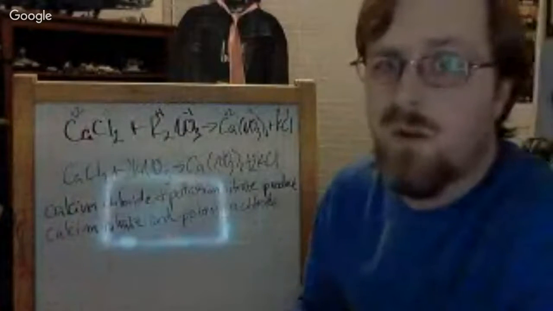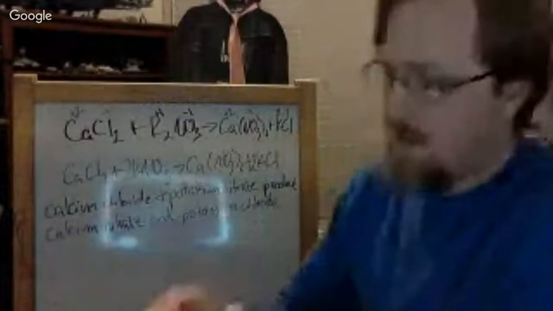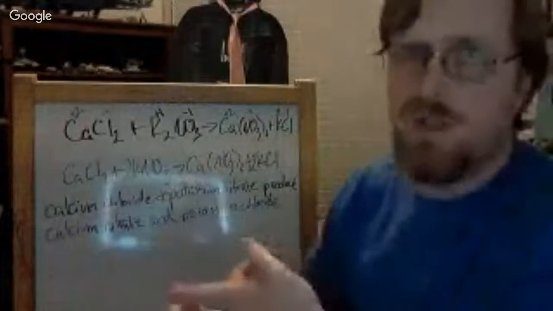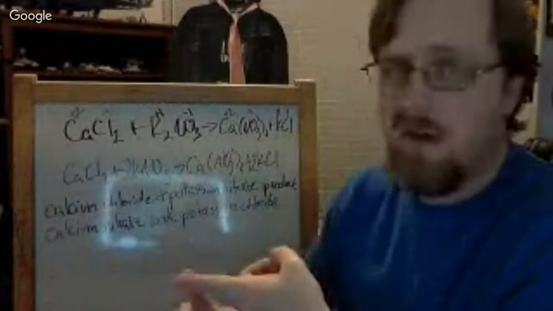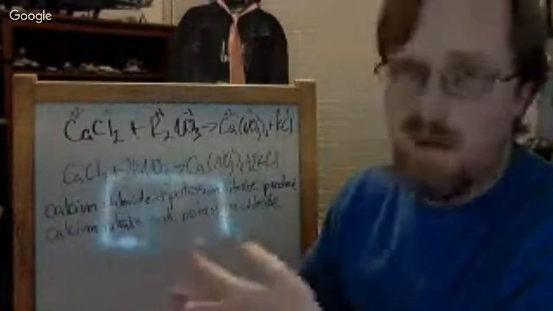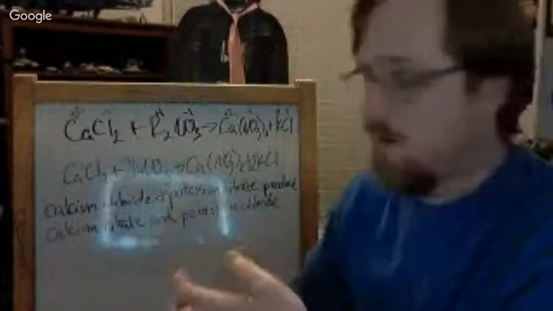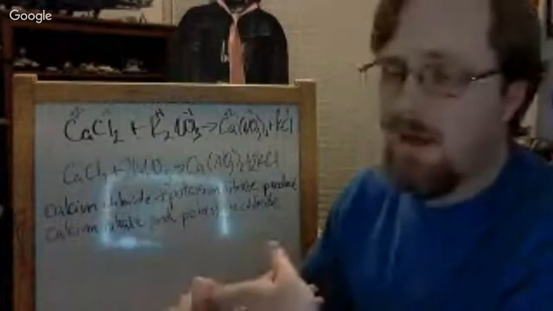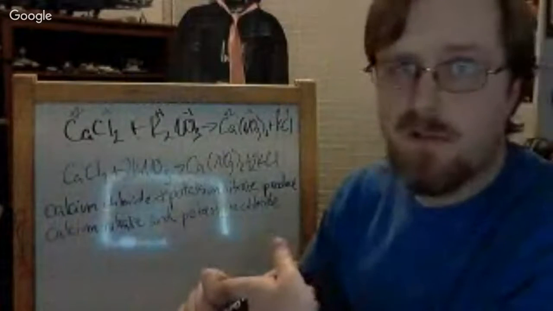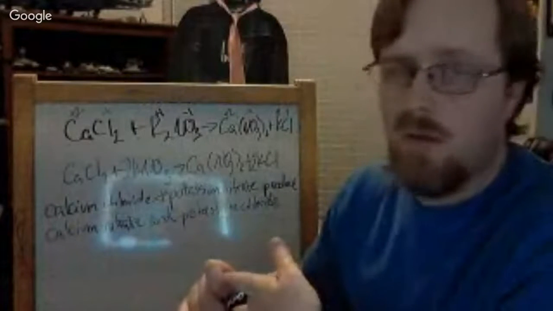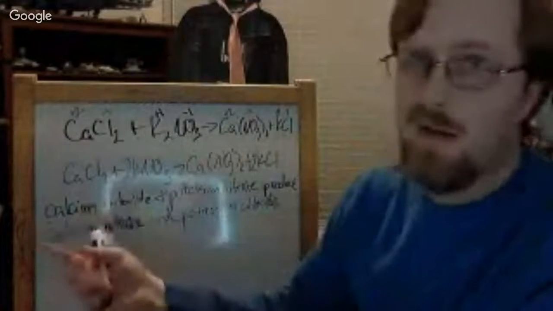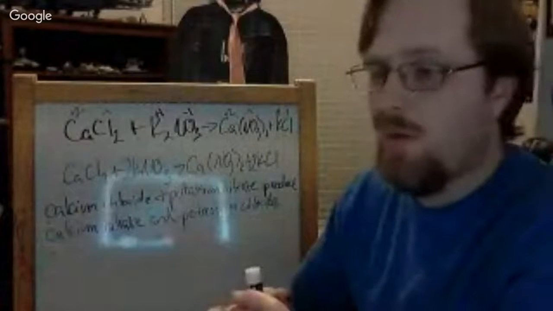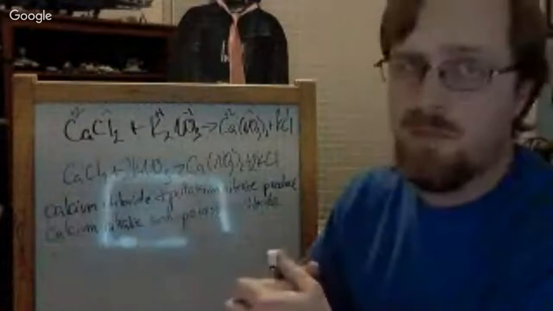Okay, so that's your test. You're going to have a word equation that you will have to write out. So write out all the formulas. You are then going to balance it. You're going to have a redox, and you're going to be asked to identify what's oxidized and what's reduced and be able to justify why your answer is what it is. You will be given some single replacement reactions and asked to predict the products.